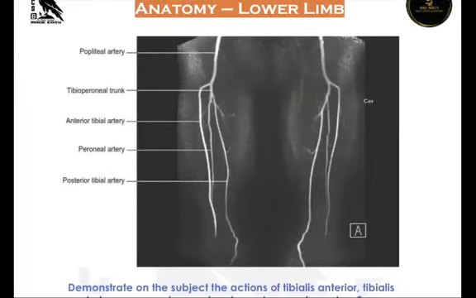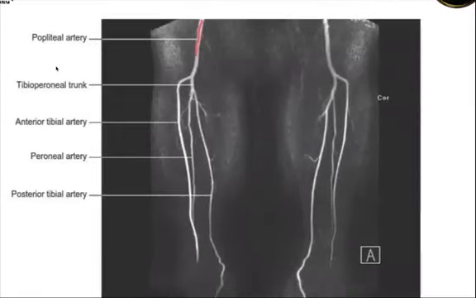This picture is very important while you are identifying those arteries in the leg. As you said, from the femoral, the continuation is the popliteal artery, right? So this is the popliteal artery. And from the popliteal artery, there will be one artery that is the anterior tibial artery.